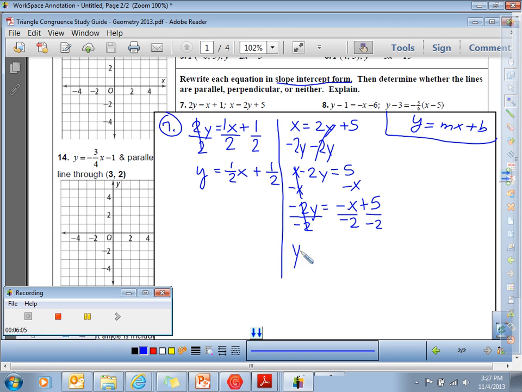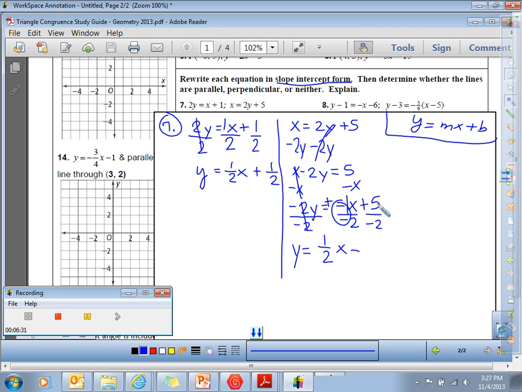So you're left with y is equal to negative divided by negative, so that's going to be a positive. Okay, and then what's in front of the x? 1. So it's a positive 1/2 x. And then here it's plus 5 divided by negative 2.